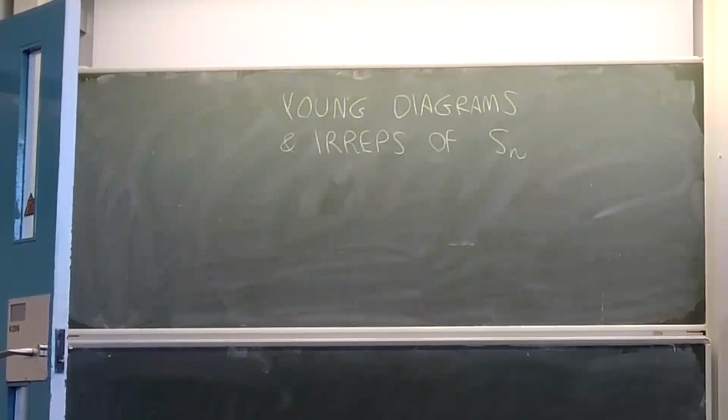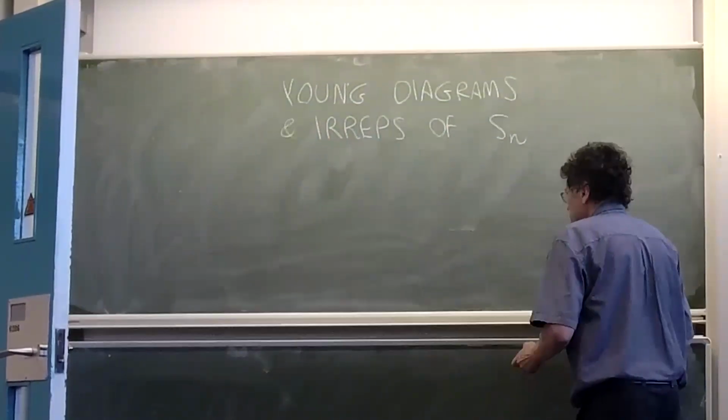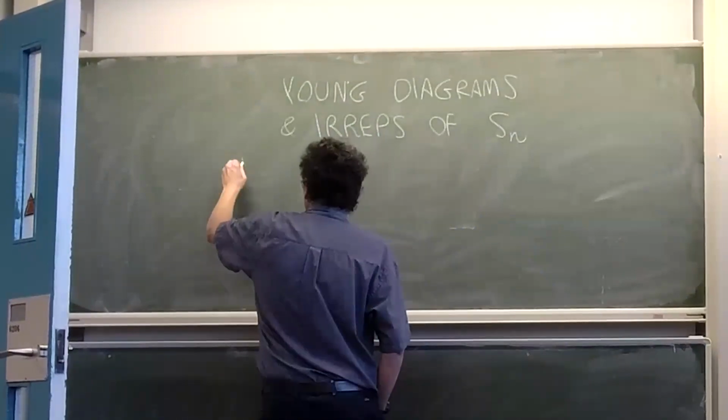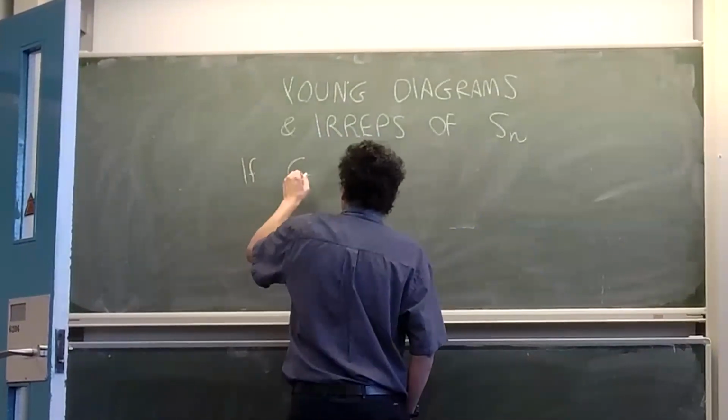So let me just remind you of some stuff that I said last time that we need to have fresh in our minds. There are some things that work for any finite group.